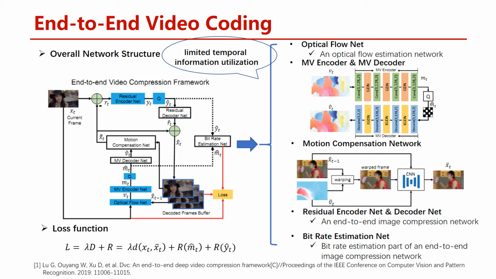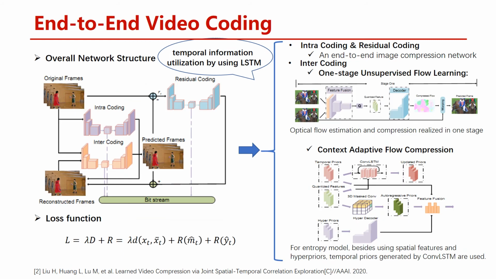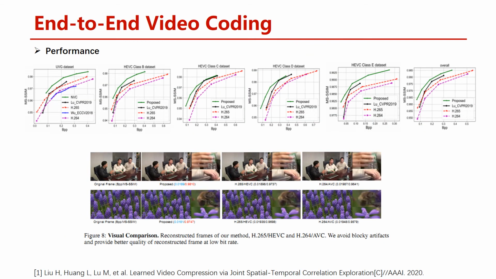So here networks for residual coding, motion vector coding, and optical flow estimation, as well as bitrate estimations, are ensembled into one system. And here, 3 end-to-end networks for intracoding, intercoding, and residual coding are integrated into one end-to-end video coding system. Coding results outperforming HEVC are already demonstrated.